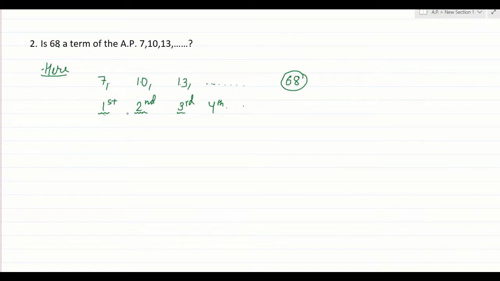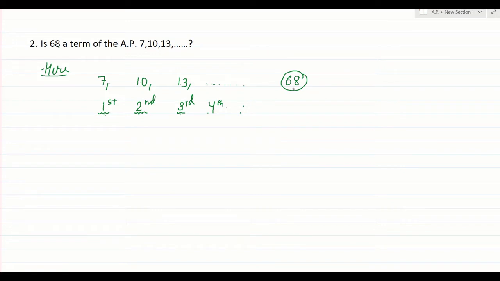These numbers 1, 2, 3, 4, 5 and so on all are natural numbers. So the position of a term of an AP is given by a natural number.